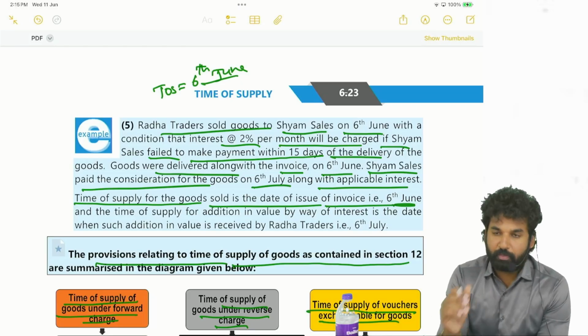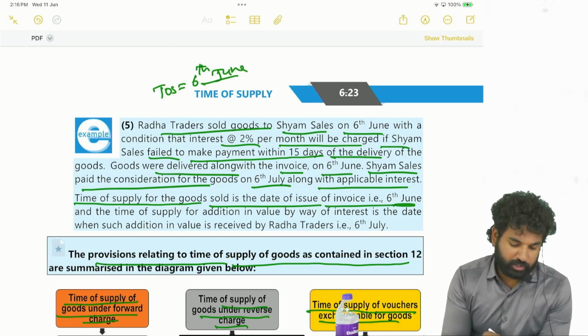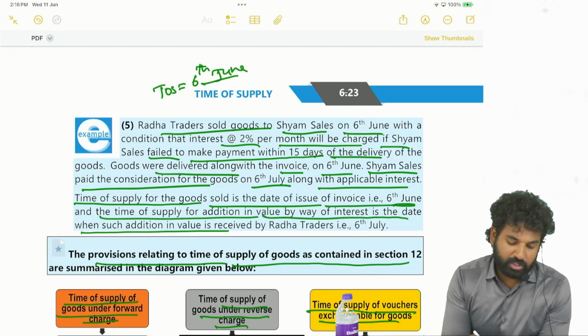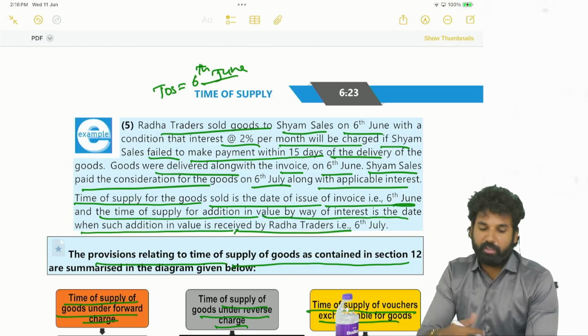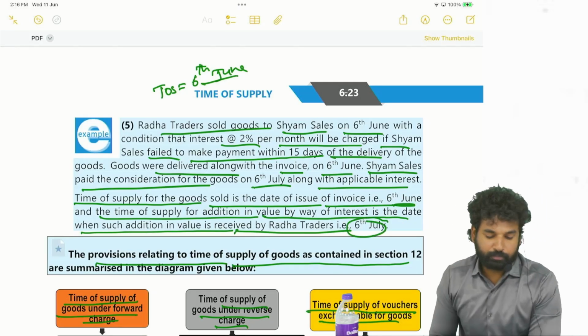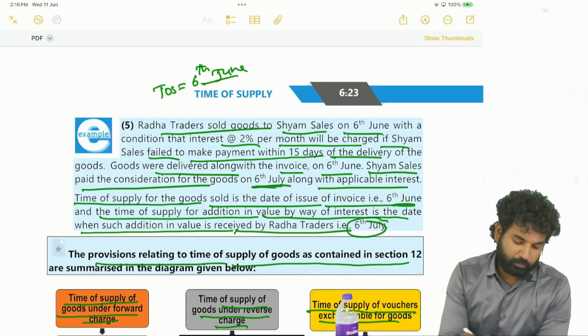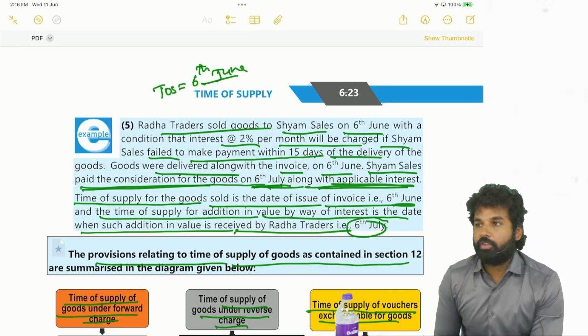Okay, so they have not made the payment within 15 days. So that's why they will be charged with interest. In such cases, time of supply for addition in the value of the interest is the date when such addition in the value is received by Radha Traders. That is when they have received the payment of interest. So that is on 6th July. They paid the consideration for the goods on 6th July along with applicable interest.